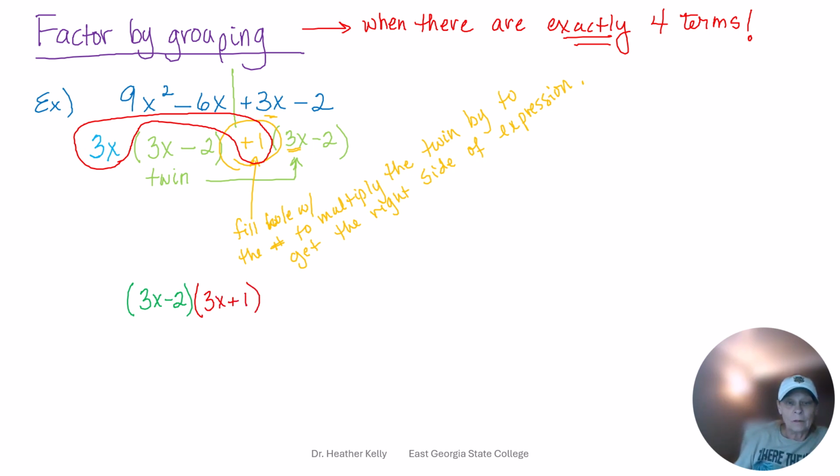Okay. So let me do another one. Now, you may do this a little bit different way than I do, and that is absolutely fine. I personally know 7 different ways to factor a trinomial. So it's okay if you do it a different way than I do it.